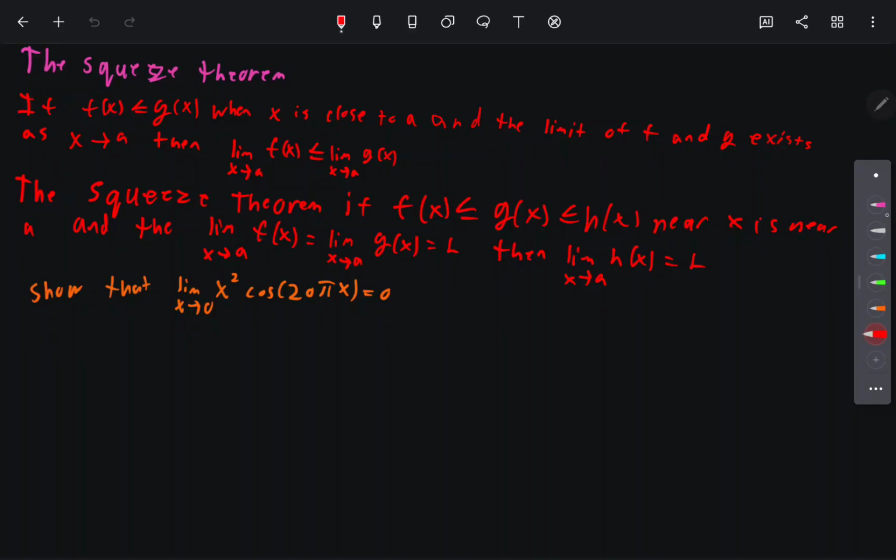So just to give you a small example, if I were to sketch a graph, and I have this function g of x, which we're going to define, and we have this function f of x. If f of x is always smaller than g of x, at least close to a, and let's say our a here is 0, then the limit must always be less than or equal. If you understand what I'm saying. Sorry.